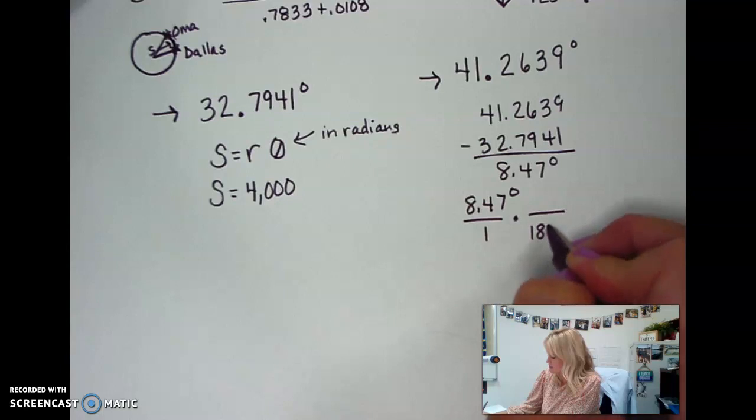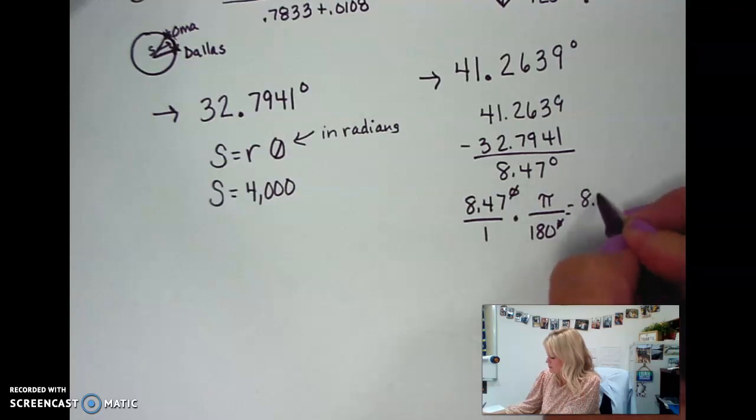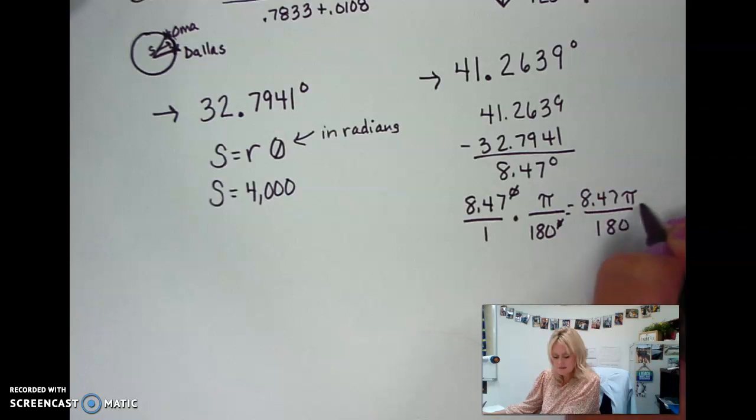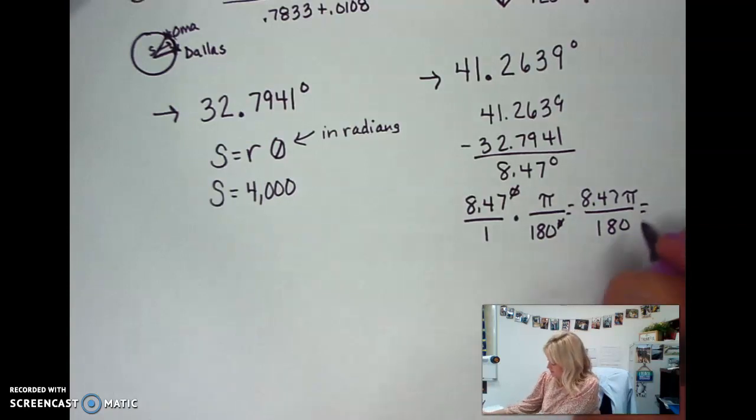My conversion is to get rid of degrees. Degrees on top, degrees on bottom cancel, and I have 8.47 pi divided by 180. Again, that doesn't make a ton of sense either, so I'm going to take 8.47 times pi divided by 180, and we have a radian of 0.15.